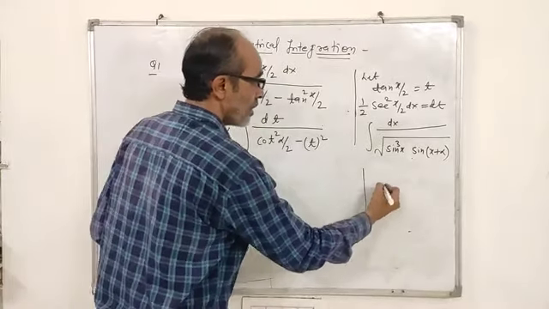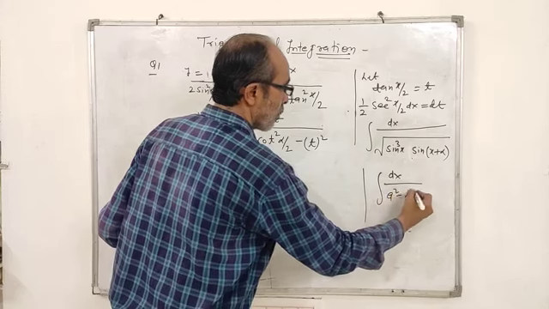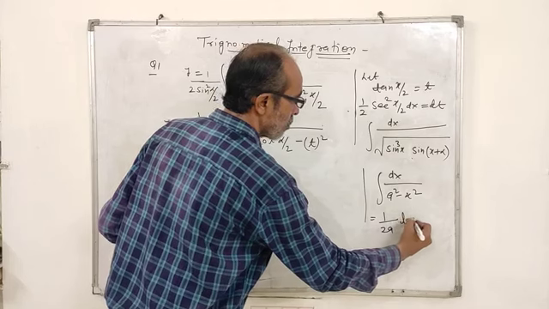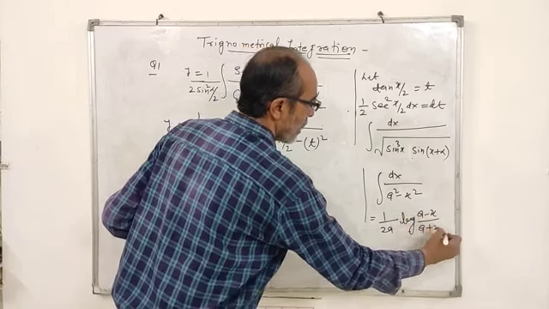You know that the integral of dx divided by a square minus x square is 1 upon 2a log of (a minus x) divided by (a plus x).